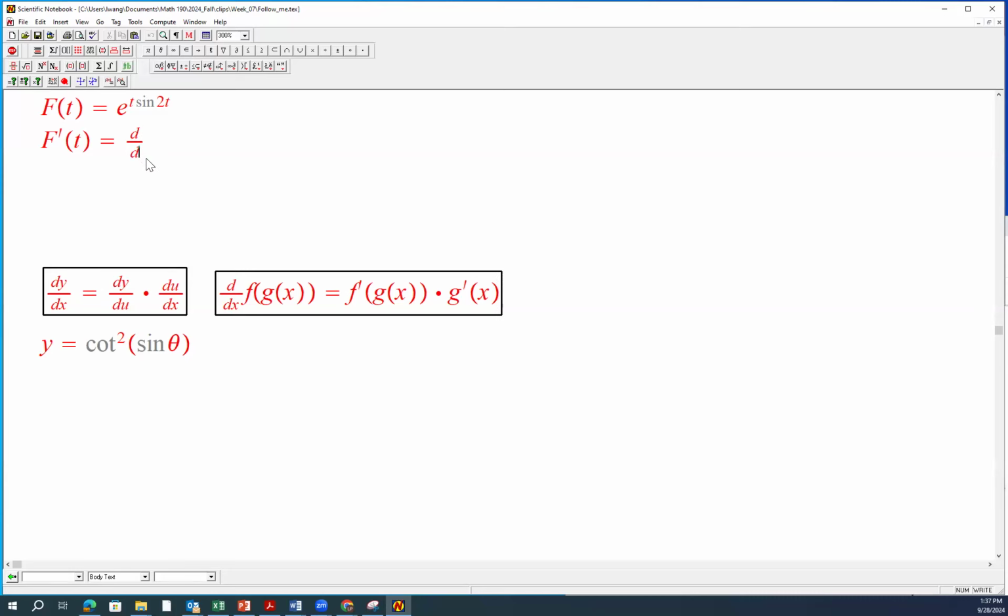Derivative u, right? So e to the power of u, so I'm going to replace it by u, multiply u dx. Or you may like to put it in parentheses.